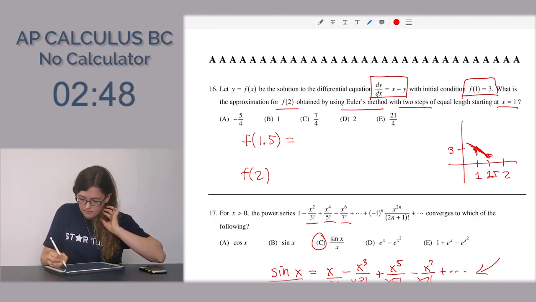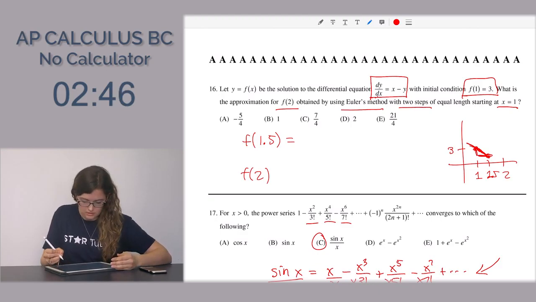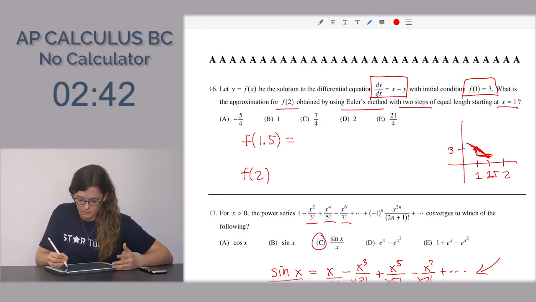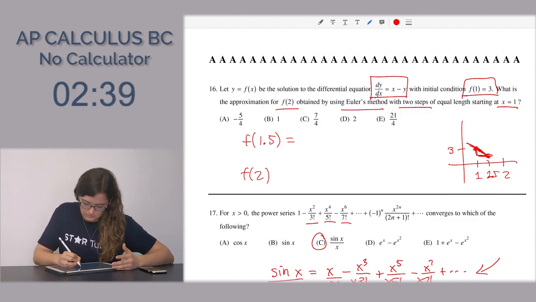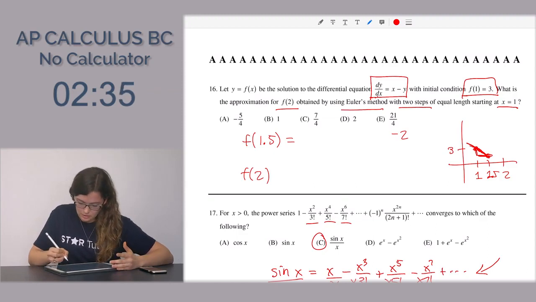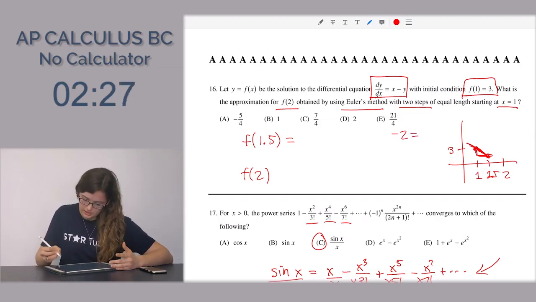I need to know my change in y value. My slope was negative 2, so it went down. I'm doing this without just memorizing the formula, I'm just doing it. The slope is negative 2, and that's change in y over change in x.